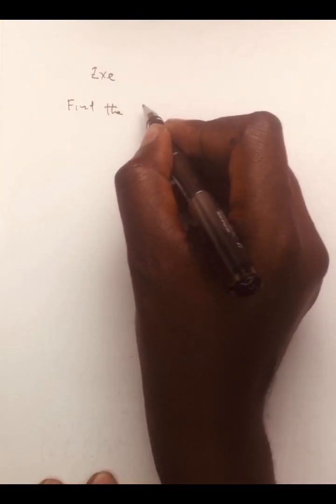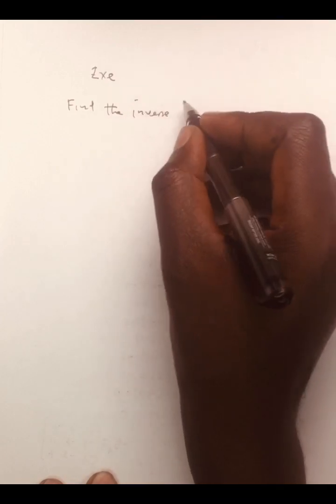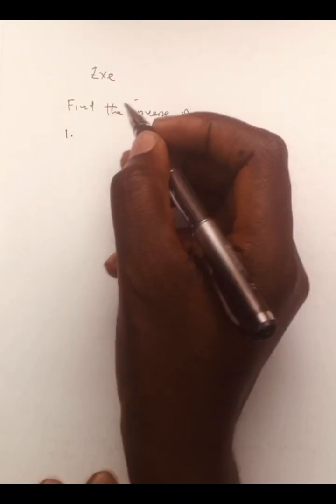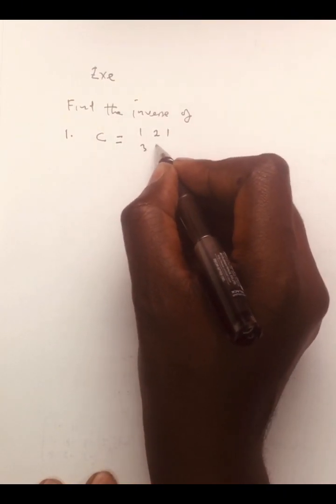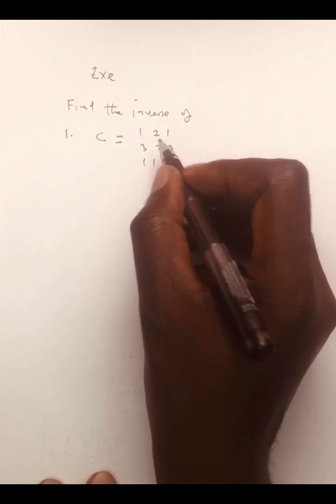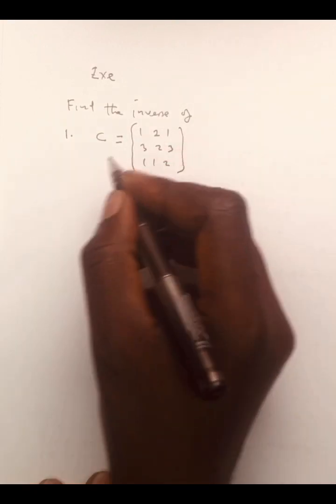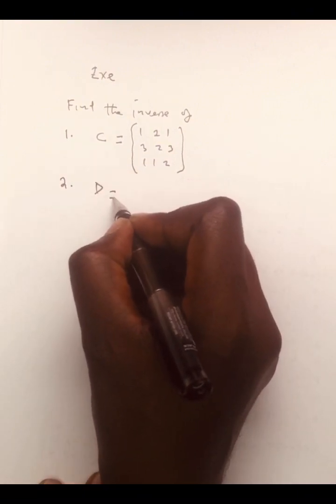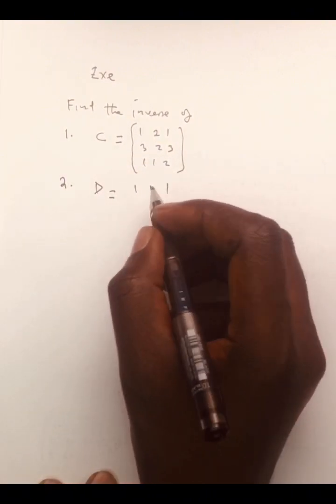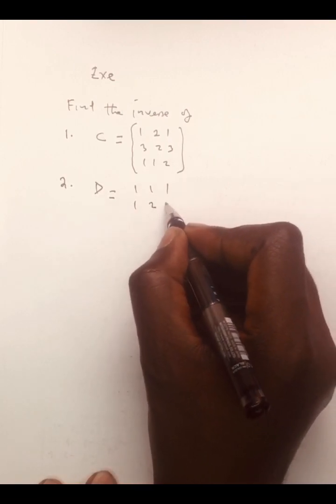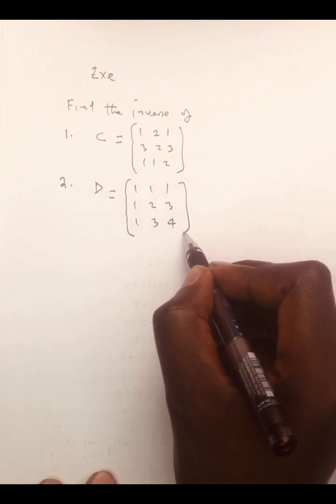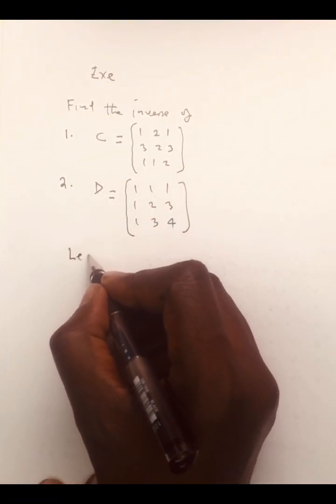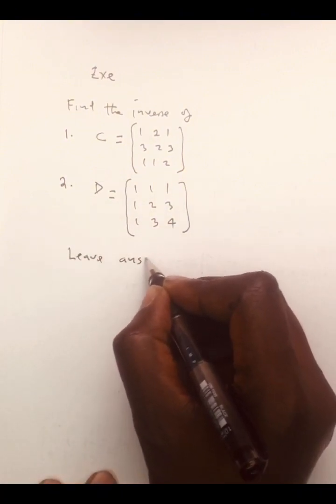So find the inverse of, so let the first one be C is given by 1, 2, 1, 3, 2, 3, 1, 1, 2, and the second one, D, is given by 1, 1, 1, 1, 2, 3, 1, 3, 4. So attempt these two and leave your answer in the comment section.